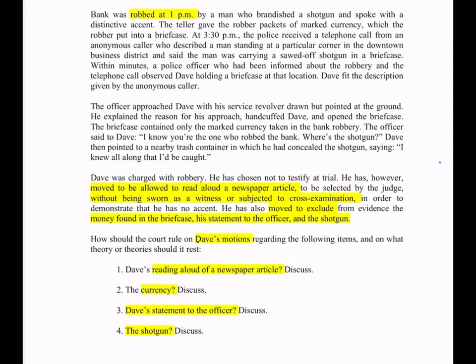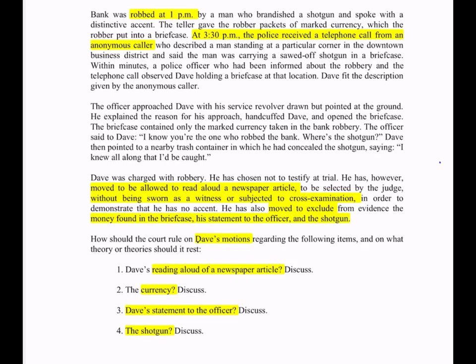So let's go on. The teller gave the robber packets of marked currency, which the robber put into a briefcase. Currency is call 2. At 3:30 p.m., the police received a telephone call from an anonymous caller who described a man standing at a particular corner in the downtown business district and said the man was carrying a sawed-off shotgun in a briefcase.